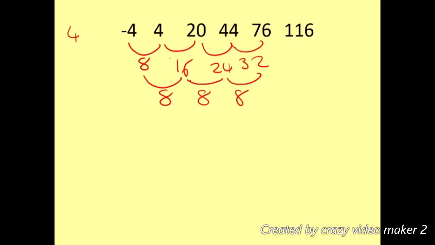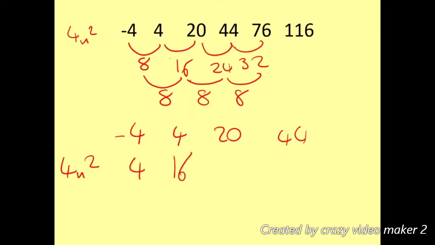So I know it's going to be 4n squared. I'll write my sequence again: minus 4, 4, 20, 44. And I write my sequence 4n squared. So 1 squared is 1 times 4 is 4. 2 squared is 4, times 4 is 16. 3 squared is 9, 9 times 4 is 36.